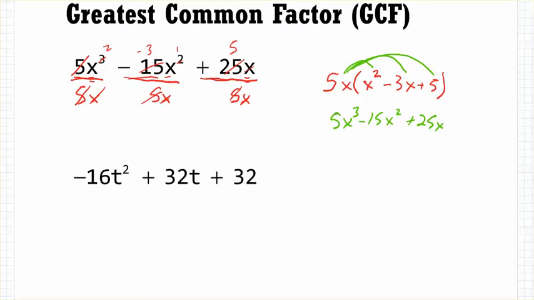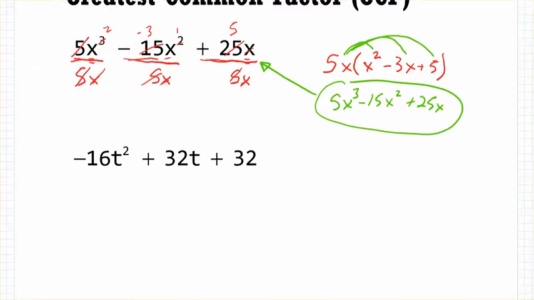As long as this matches what we started with, then we know that we have factored this correctly. Now while you should check it, especially if you don't feel overly comfortable with factoring, it's not an actual requirement.